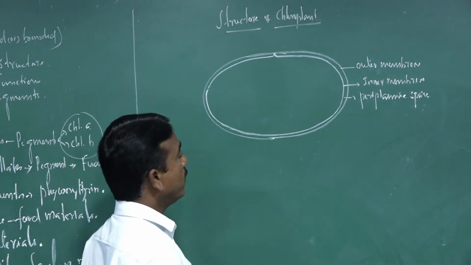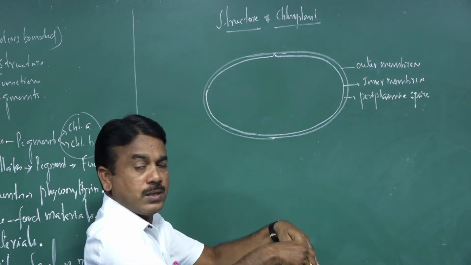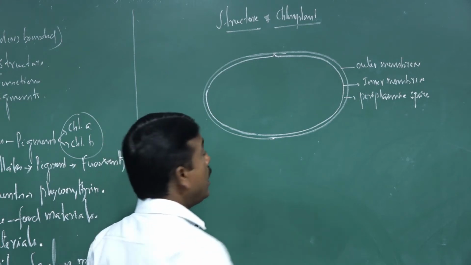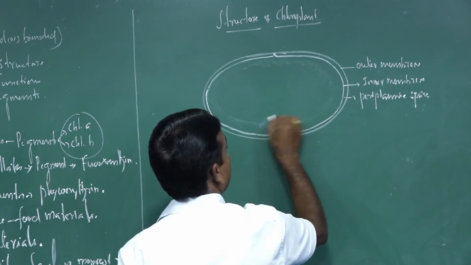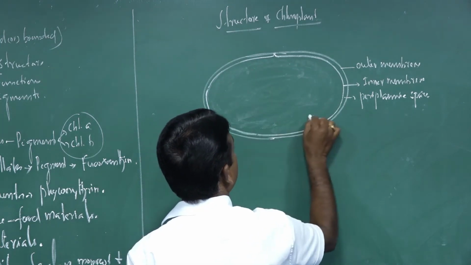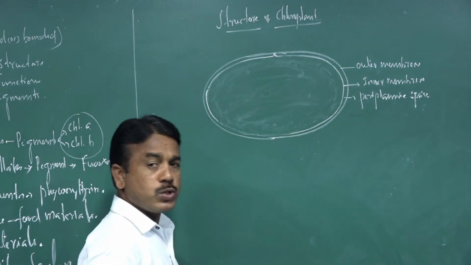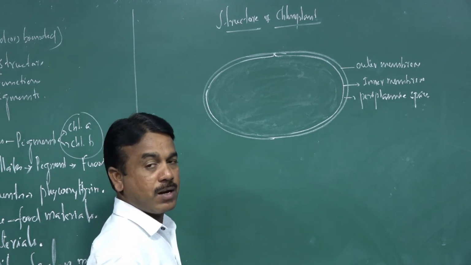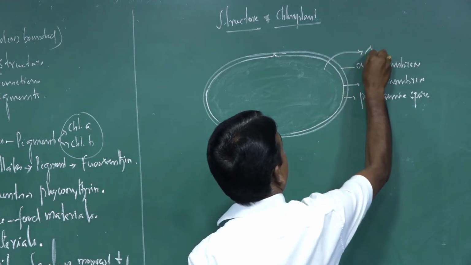The inner membrane encloses the liquid matrix or lipoprotein substance that is commonly called stroma. The inner membrane encloses gelatinous or gel-like substances, a lipoprotein matrix, commonly called stroma.